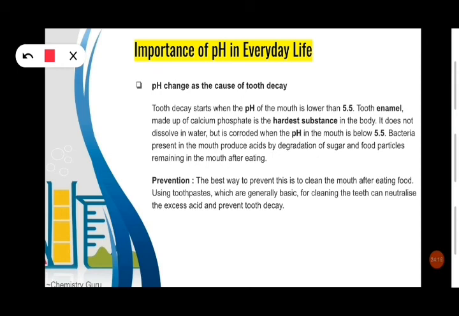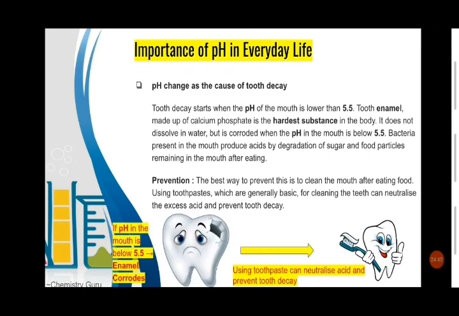Toothpaste is basic in nature and neutralizes the effect of the acid produced in the mouth, and overall it prevents tooth decay. You can see in this figure, when the pH goes below 5.5, the enamel gets corroded, and if you use toothpaste, it will neutralize that effect.